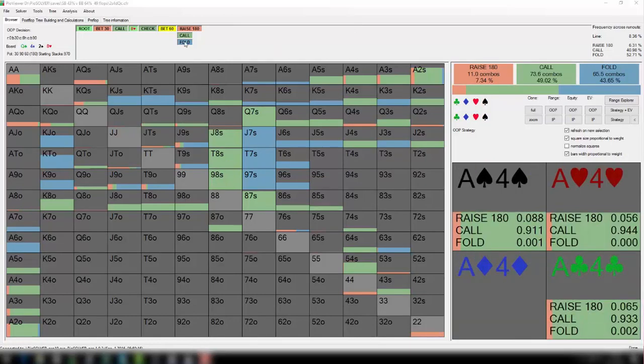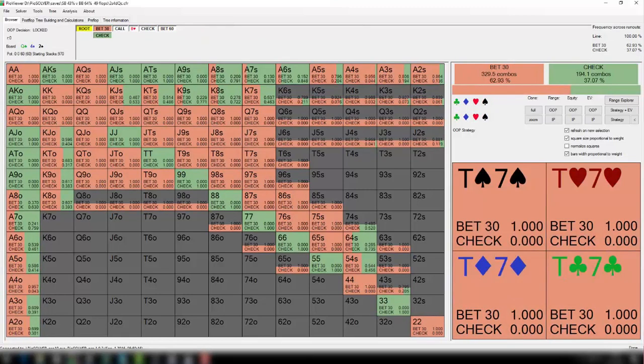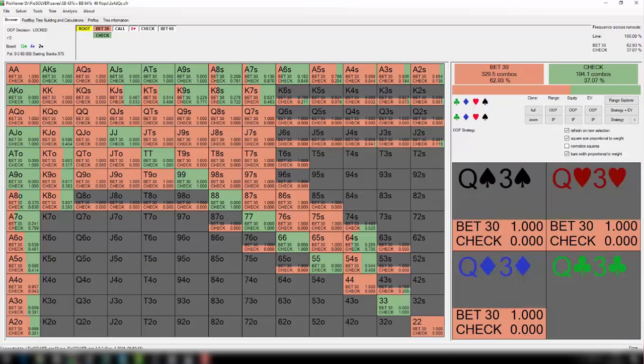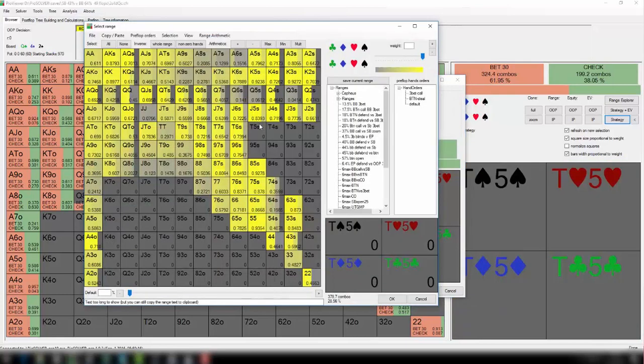So let's leave the polarized flop c-betting range and take a look at the effects of a more merged c-betting range. To do this, let's go back to the optimal c-betting range and branch off from there. Let's basically do the opposite to what we just did when we attempted to make it polarized.